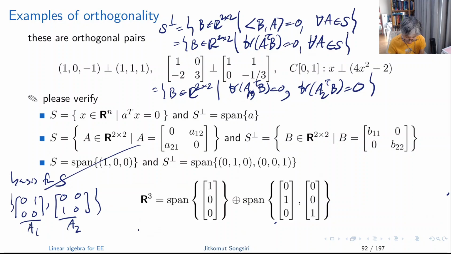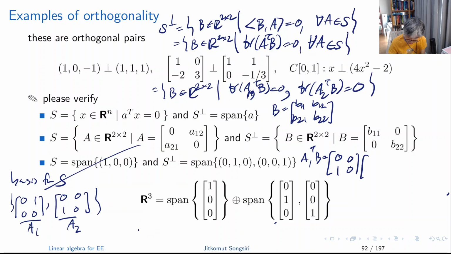Okay, so first, I take B as a general one: B11, B12, B21, B22. All right. What I'm going to do is work on A1 first. A1 transpose B is going to be (0, 1; 0, 0) times B, right?